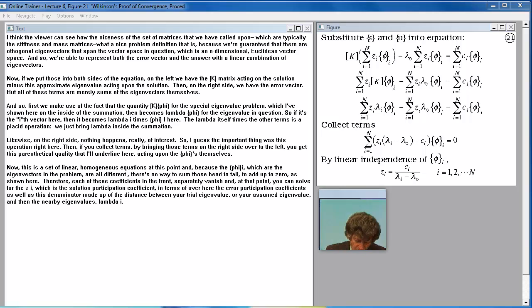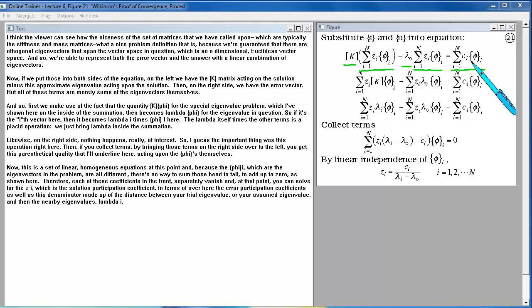Now, if we put those into both sides of the equation, on the left we had the K matrix acting on the solution minus this approximate eigenvalue acting on the solution. Then on the right side we have the error vector. But all of those terms are merely sums of the eigenvectors themselves.